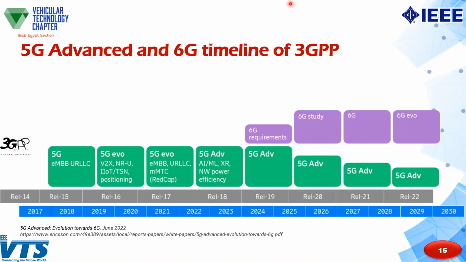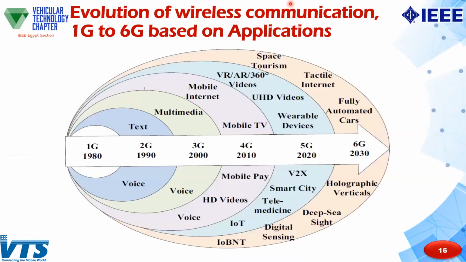So we are going to 6G in order to achieve all of these capabilities by means of the cooperation between 3GPP, ITU, and IEEE.